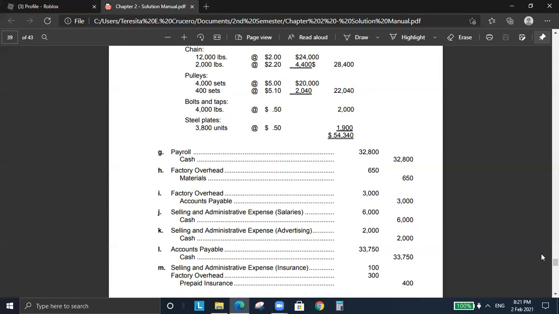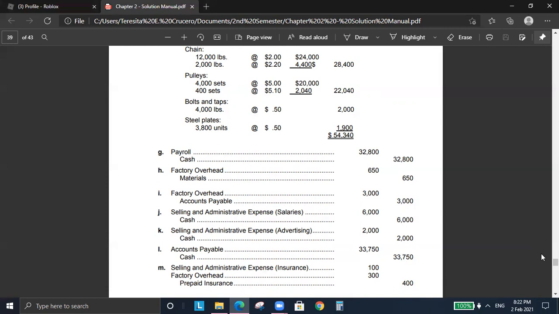So letter K, there was payment. Then letter L, accounts payable paid. We debit accounts payable and credit cash. M, expired insurance on office equipment 100, on factory machinery 300. So in letter M, we debit selling and administrative expense for the insurance on office equipment.